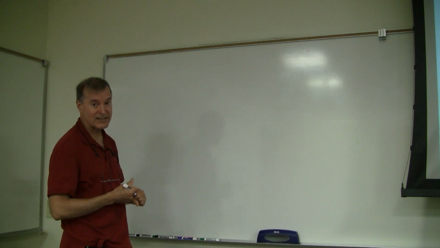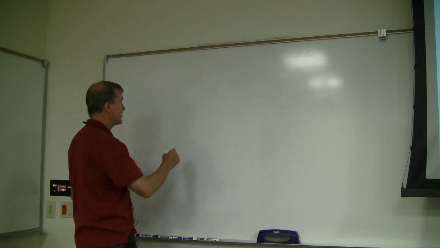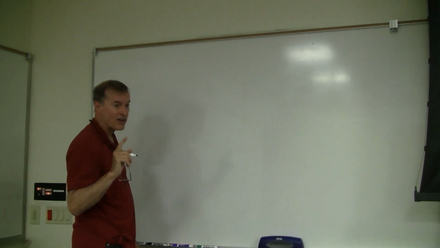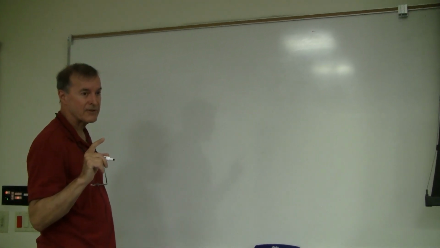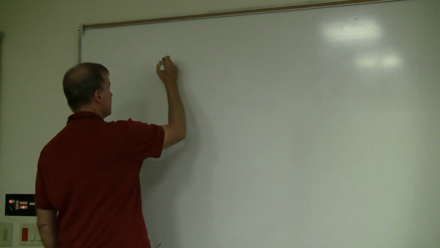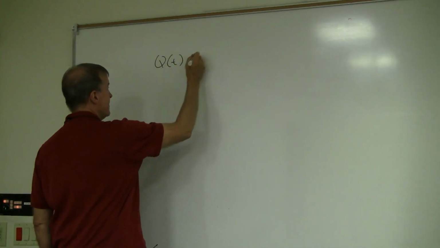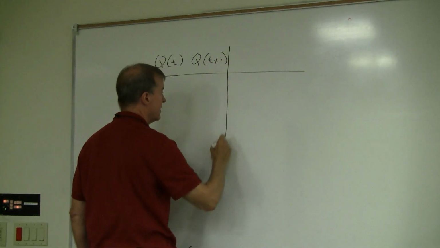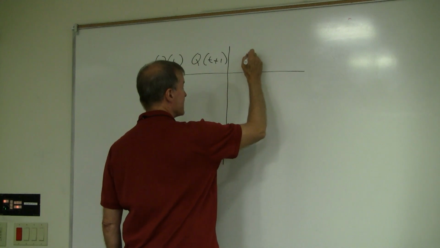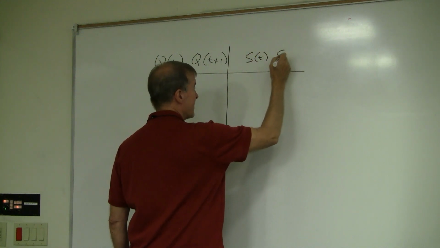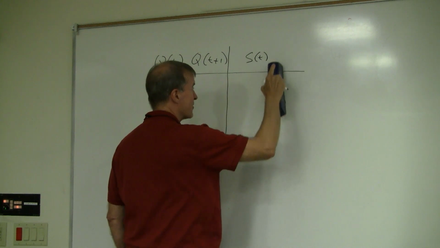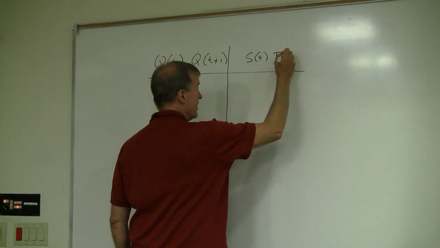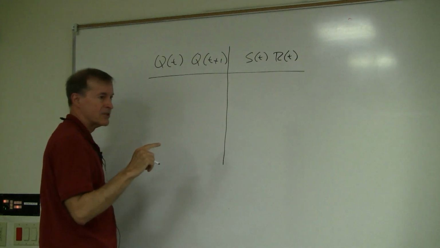So now we're going to construct the excitation table for the SR flip-flop. Now check this out, you guys. All excitation tables have how many rows? Because look, here's Q at time t, Q at time t plus 1, and what we want to know is what S at time t and R at time t must be to make that transition.